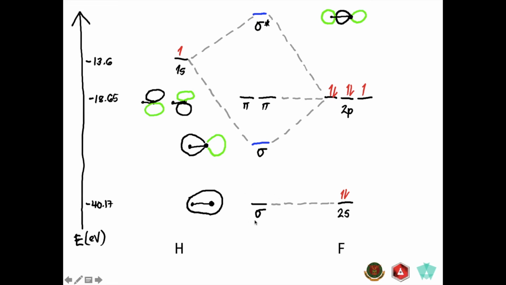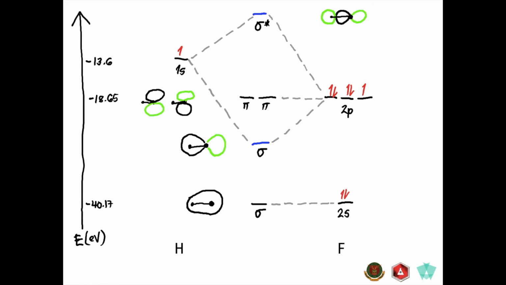As you can see, it did not interact with any other orbital from the hydrogen, and yet it is something like this. We cannot ignore that there is a bond created between the hydrogen atom and the fluorine atom, and the electron density will be distributed to the whole molecule in accordance to the postulates of the molecular orbital theory. These orbitals here are essentially p orbitals, and they are labeled as pi because there is a nodal plane.